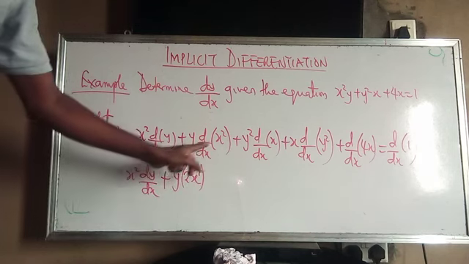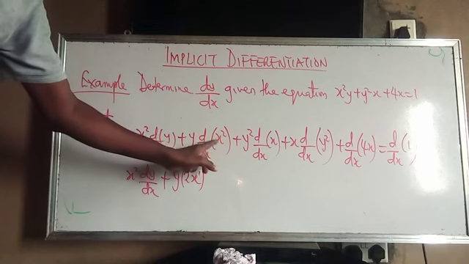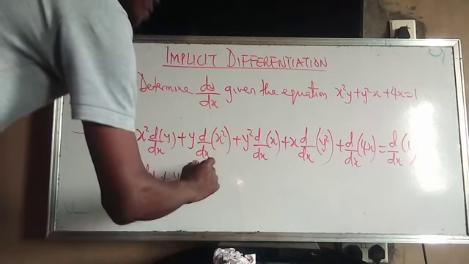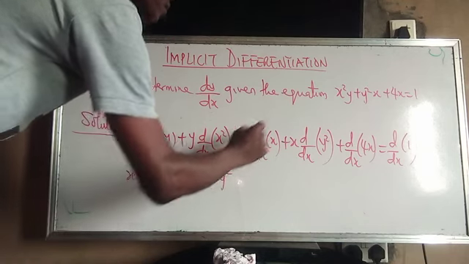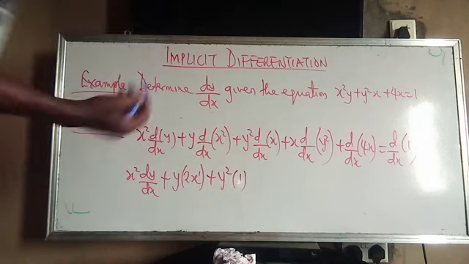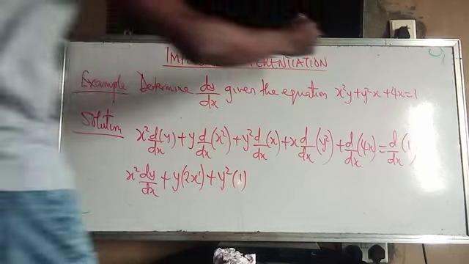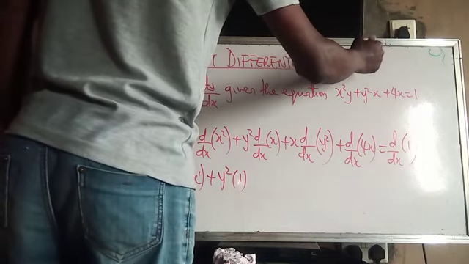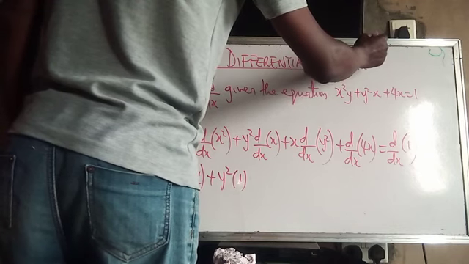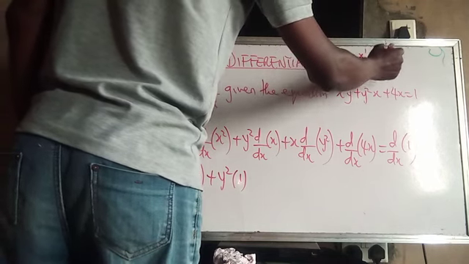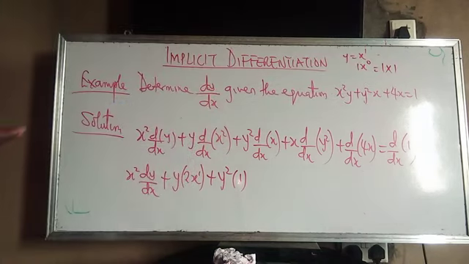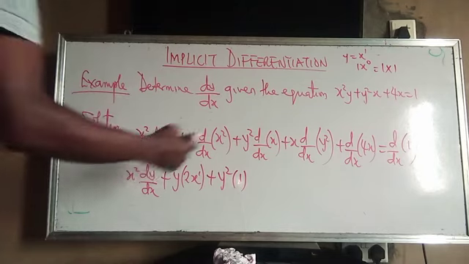Then 2 times 1, 2, then x to the power of 2 minus 1. Then plus y squared. Then differentiate x, which is 1. x to the power of 1, times 1, is 1. Then x raised to the power 1 minus 1 is 0, and x to the power 0 is 1. So it's 1. Okay, now we have done that.